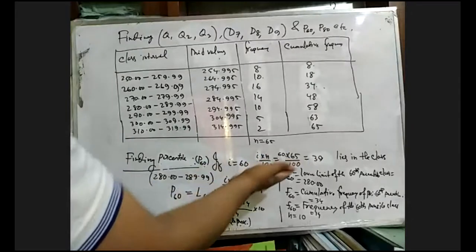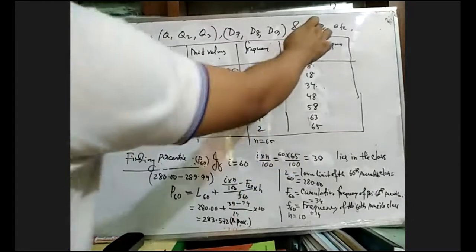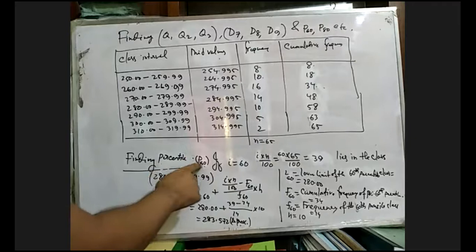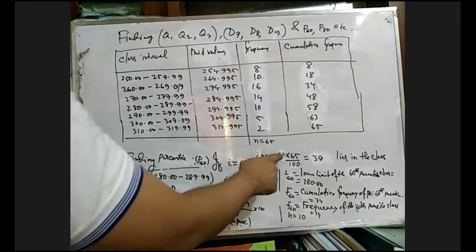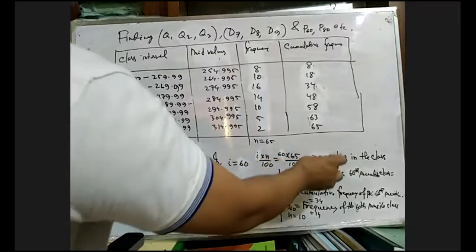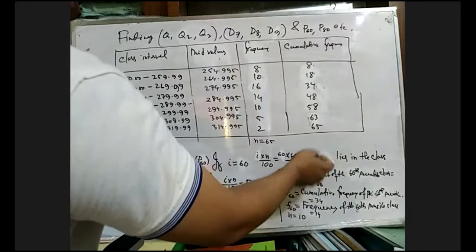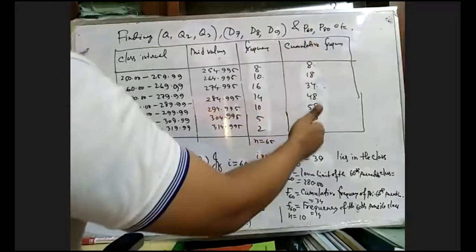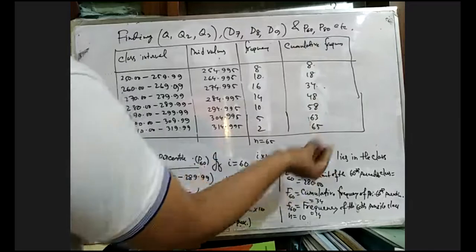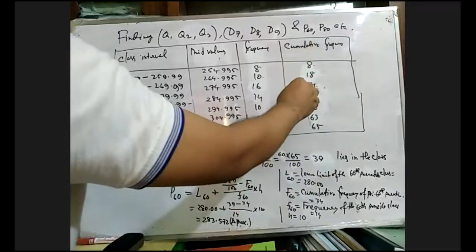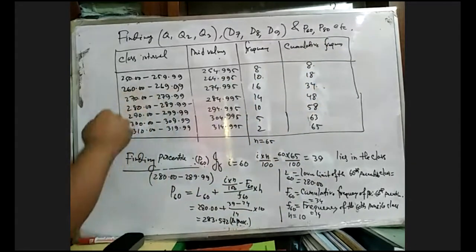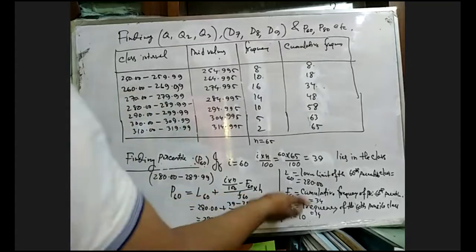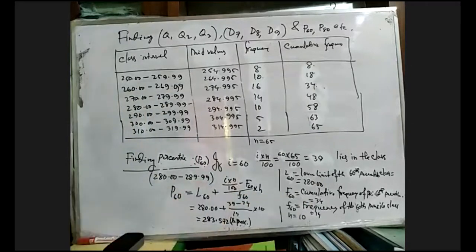Just putting i equals 60 in the formula, we get this result. Similarly, for i equals 80, we get P80. We observe the cumulative frequency to see which class the value lies in, then using the formula we can easily find the percentile.